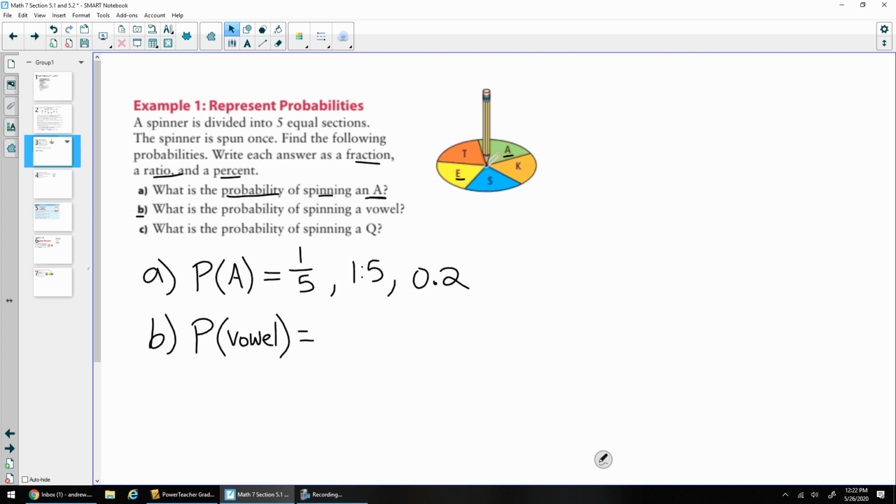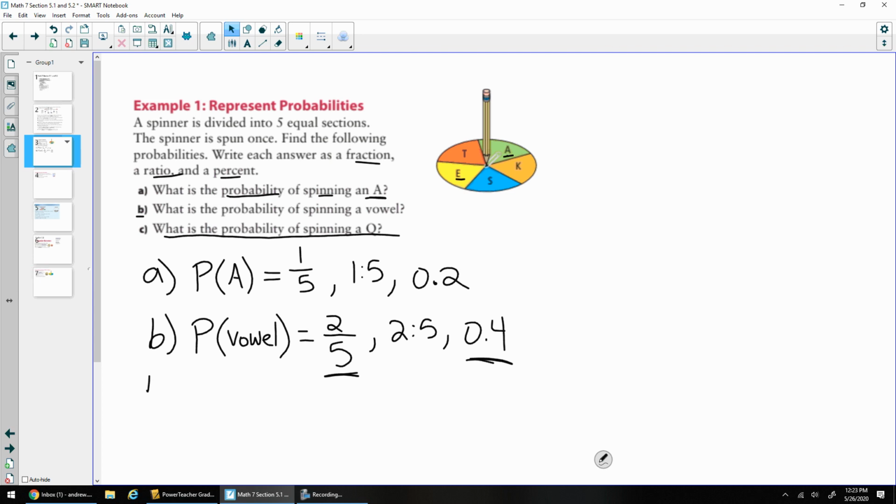Vowels are A, E, I, O, U, sometimes Y. So there's 2 possible favorable outcomes out of the 5 total possible outcomes. We could also write this as 2 to 5 as a ratio, or as 0.4. For the most part, we're going to be sticking with fractions, but we'll also sometimes be doing decimals. Ratios, not as often. Okay, and then what is the probability of spinning a Q?